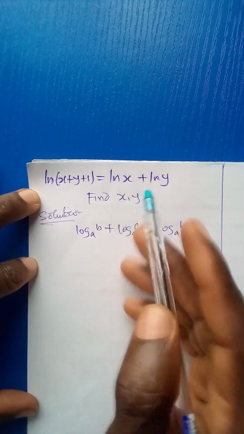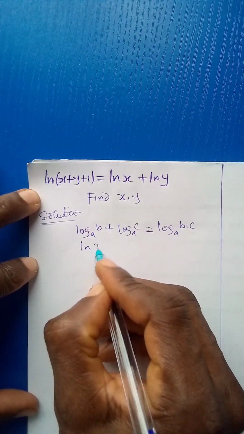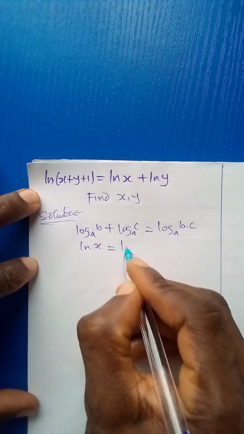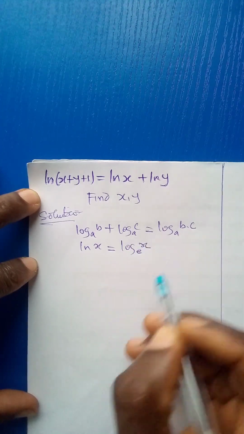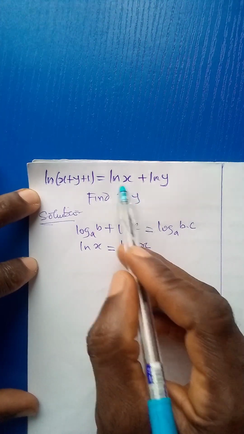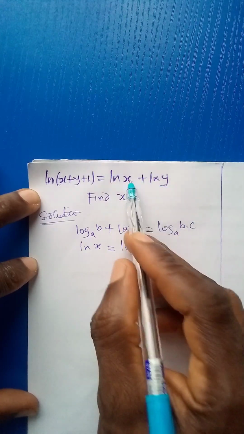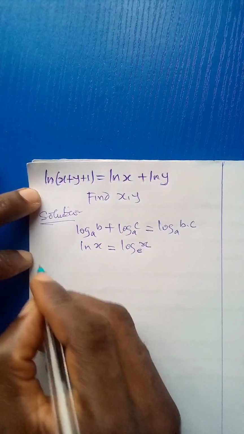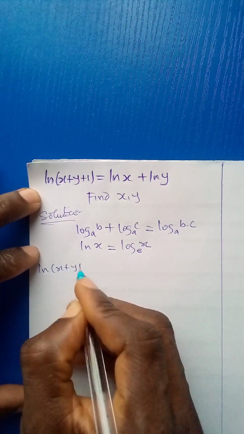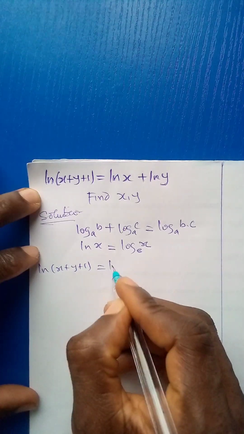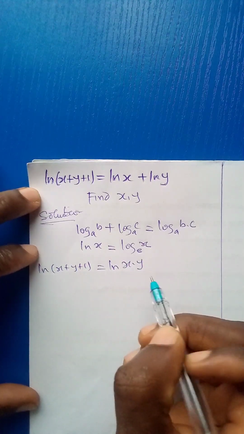So ln x, for example, is equal to log to base e of x. Now that means that I'm going to multiply the arguments together. So I have ln(x + y + 1) = ln(xy).